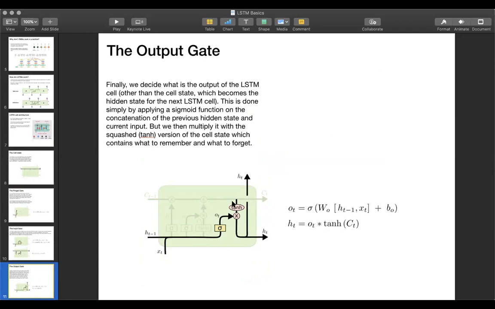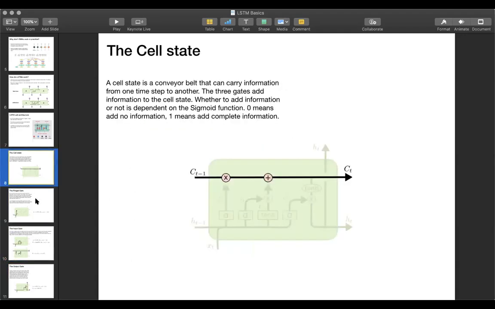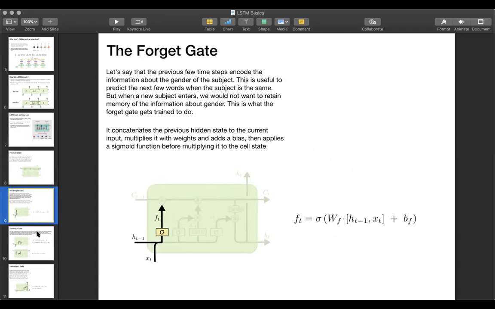So all of these computations are very simple, and you're just deciding where to multiply and where to add. That's basically the beauty of this whole computation graph that is there inside an LSTM cell, and that's what turns into a short-term and a long-term memory, where you decide what words to forget about and what words to carry forward.